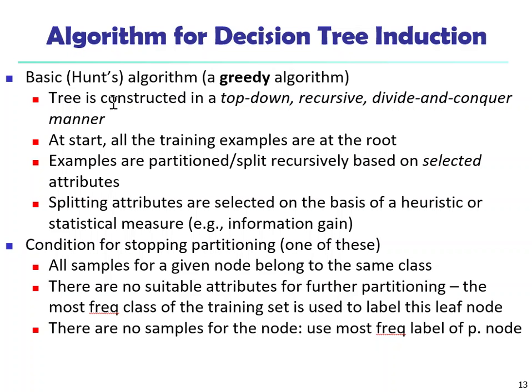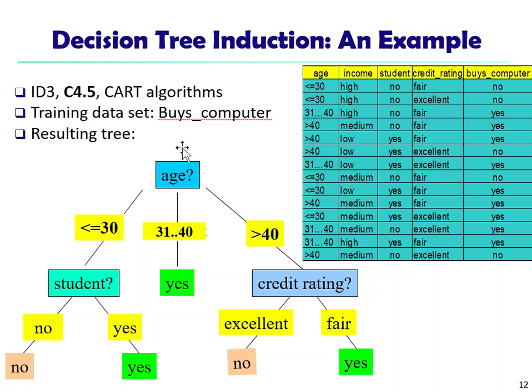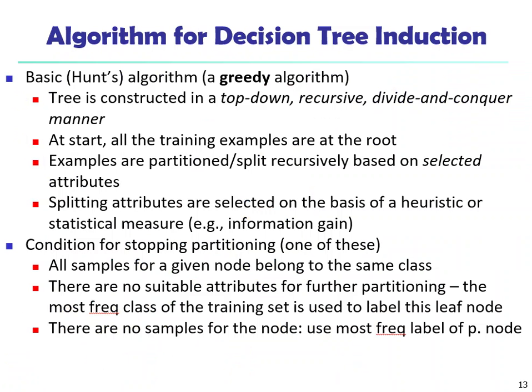The decision tree is constructed in a top-down manner. This means the tree starts from here, and the nodes are split to the second level, and the second level nodes are split into lower levels, so it's a top-down approach.